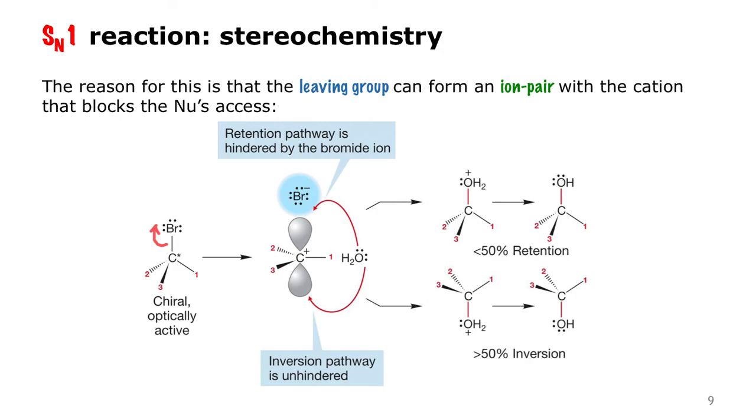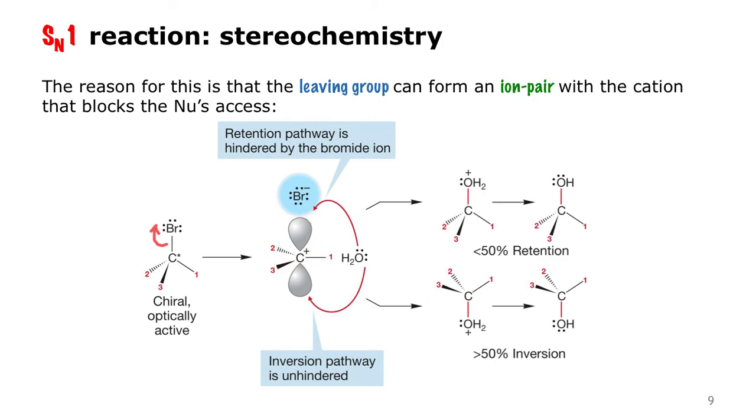And as you are well aware, opposite charges attract. And so the simple fact is that when the bond breaks, the bromine moves slightly away, but it remains attracted to the carbocation because of electrostatics. And so it tends to sit on the side of the carbocation where it broke off from. So in this particular structure, the bromine ends up sitting here on the top of this structure.